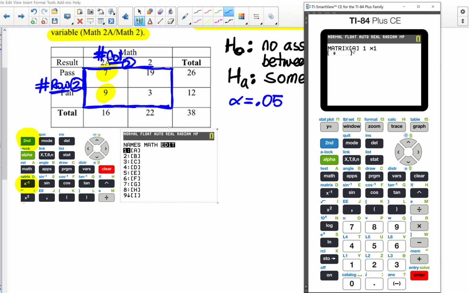All right. So when it says matrix A, 1 by 1, I want that to be 2 by 2. So 2, enter, 2, enter. And it reforms the matrix to the appropriate size.